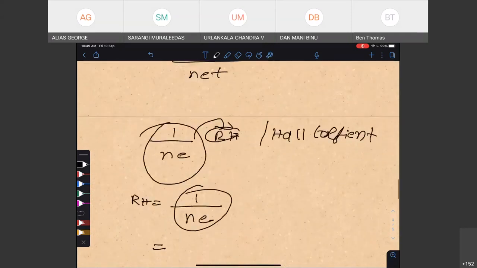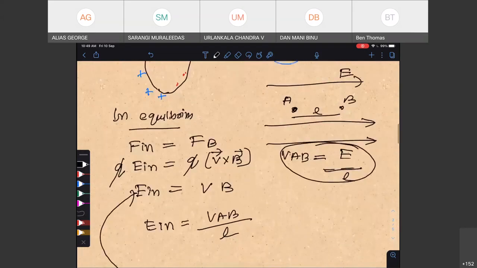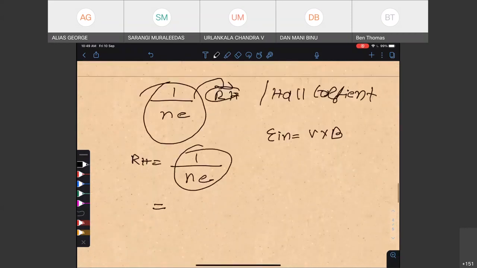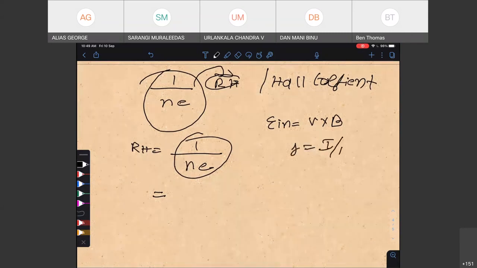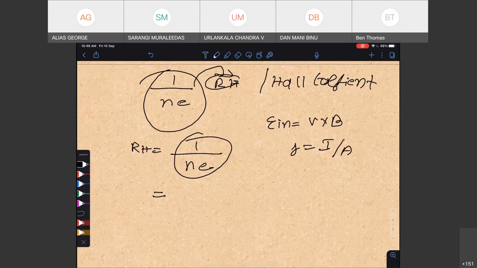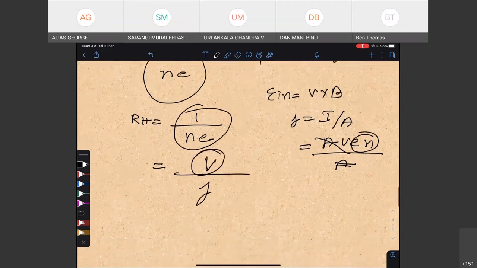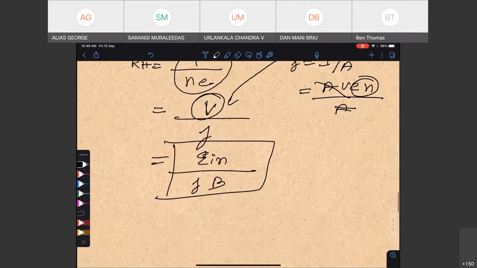As I told earlier, the induced electric field is V into B. You can see this equation here, and I'm adding E into V, and the current density is equal to I by A, or you can say the current is A into V into E. So you can cancel this, and instead of this 1 by NE, you can write J by V, the velocity. And instead of this velocity, you can substitute En by J times B. So this is also an equation for RH.